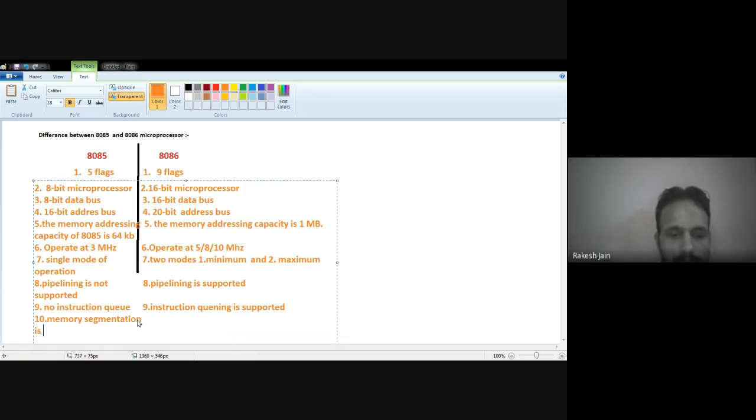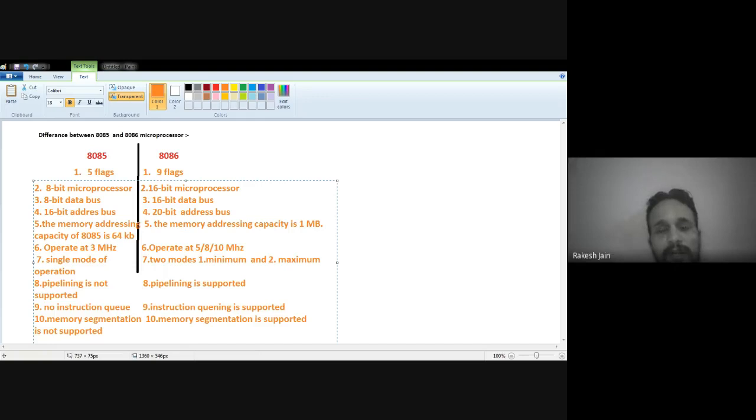In case of 8086 microprocessor, memory segmentation is present.